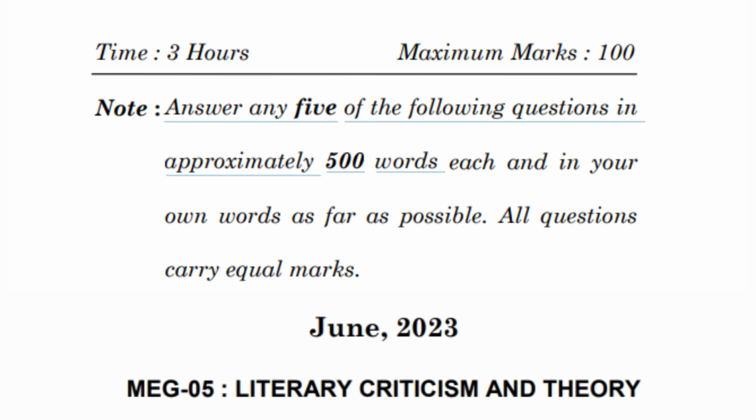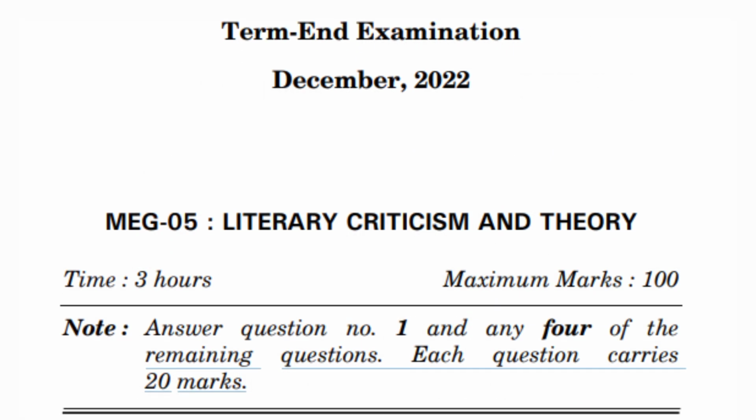I suppose this approximate word count answers your questions. Now, as I mentioned, short notes are not mandatory with respect to the June 2023 question paper, whereas till the December 2022 TEE, this section used to be compulsory and they were supposed to answer in around 200 words.